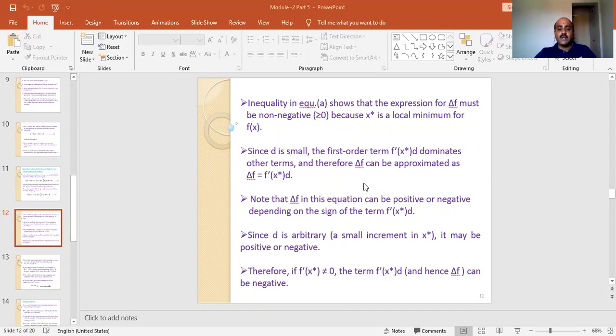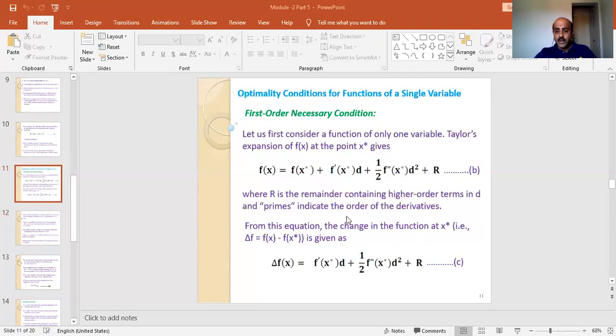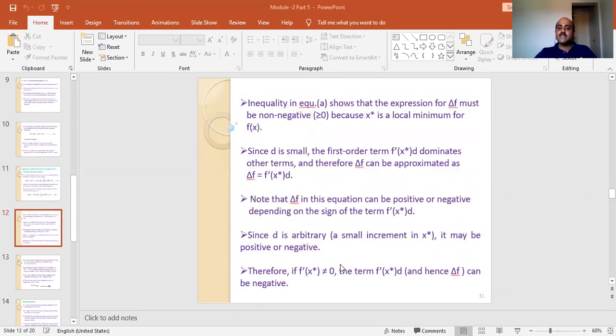Since d is a very small increment, what happens to d square? The product of two small numbers becomes an even smaller number, and this is also the second derivative term. So the entire term with half f double prime x star d square becomes very small compared to the first term f prime x star into d.